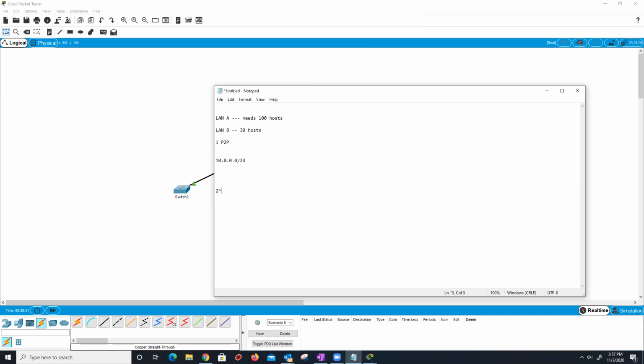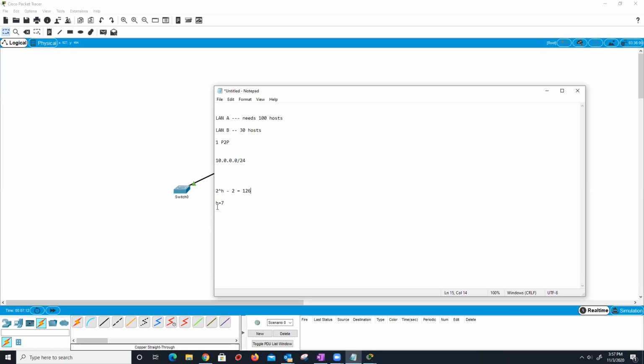So 2 raised to what power, minus 2, equals 100 hosts? 2 to the 7th. H would have to equal 7, and that would be 128 minus 2, which is 126.